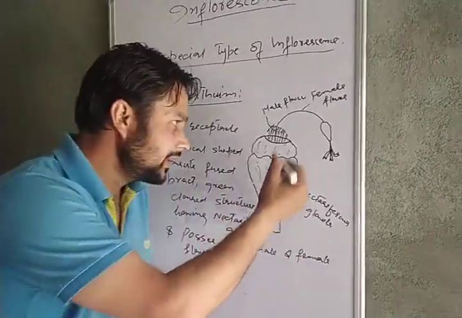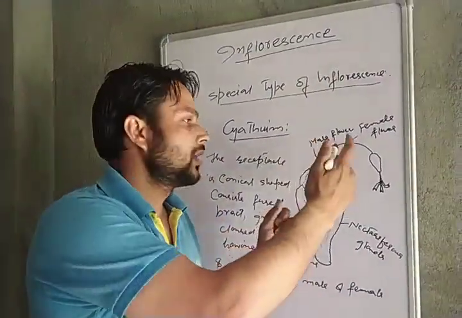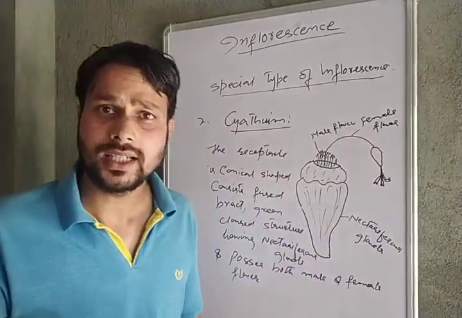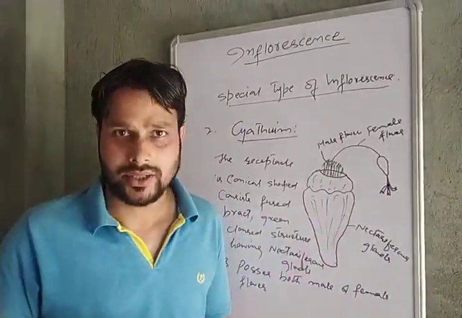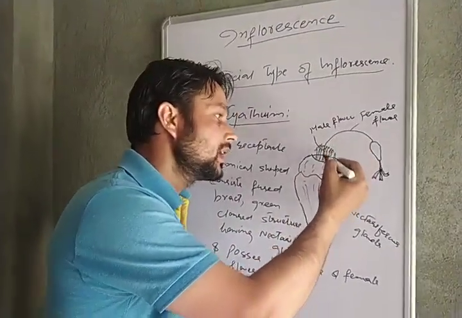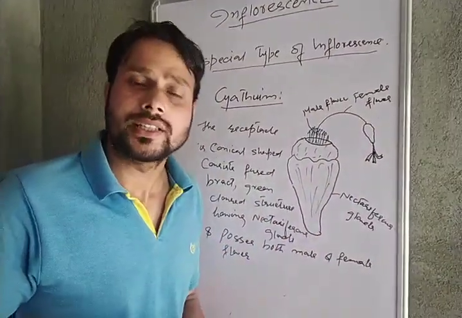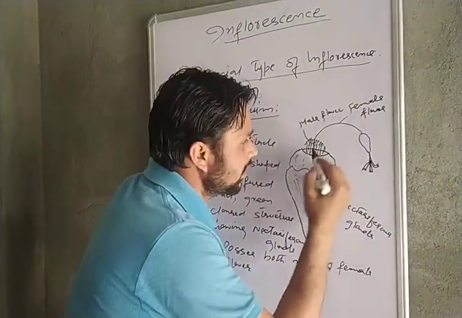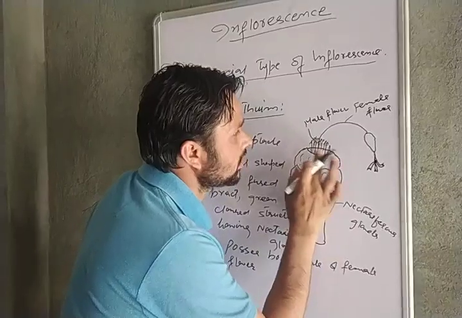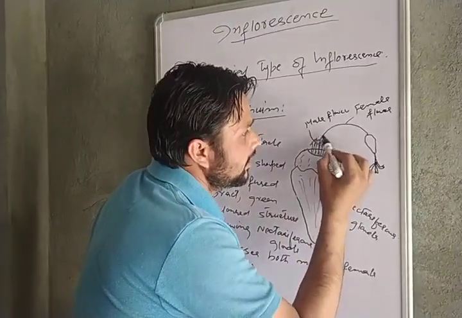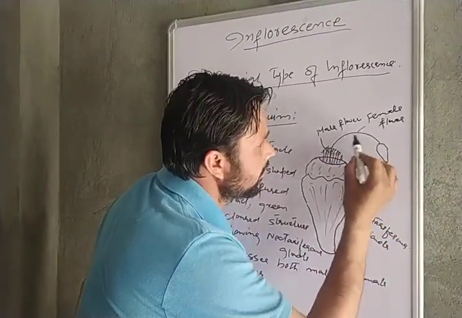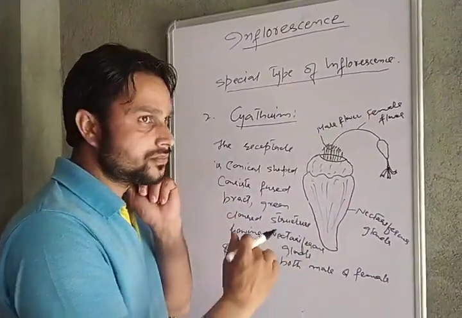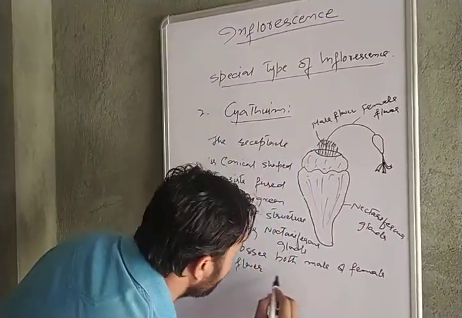But in this, male flowers are maximum and the female flower is only single and is centrally located, and it also has a long pedicel like these male flowers. These are pedicellate flowers coming out from this, and it has a centrally located female flower, and this is Sethium.